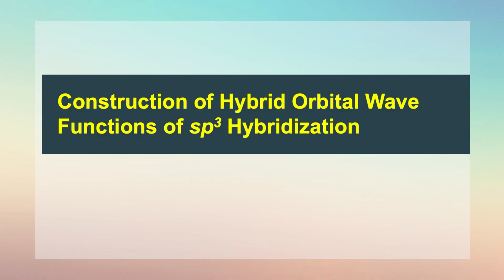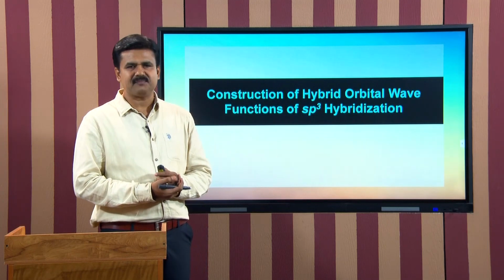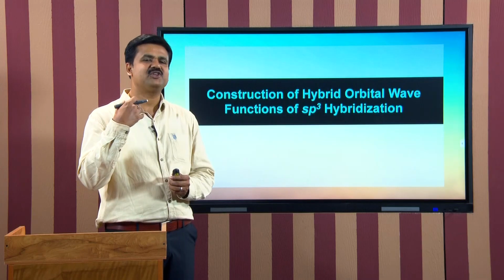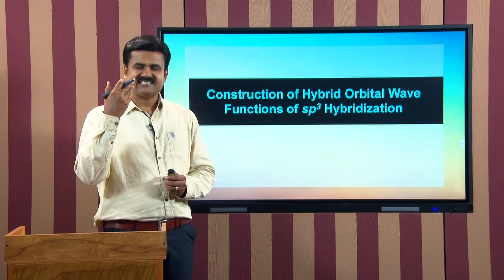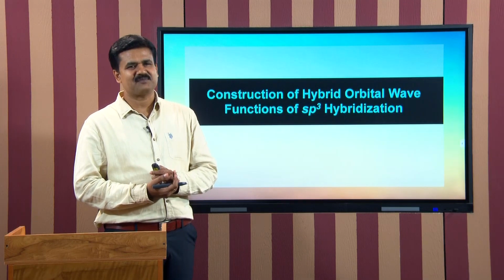Now, construction of hybrid orbital wave functions of sp3 hybridization. That is, we are now looking at the quantum mechanical treatment of sp3 hybridization. First of all, we have to construct the hybrid orbitals. In sp3 hybridization, 4 orbitals take part in hybridization.